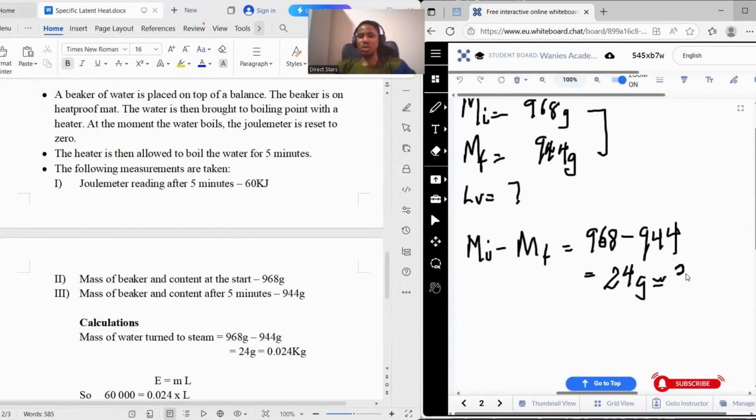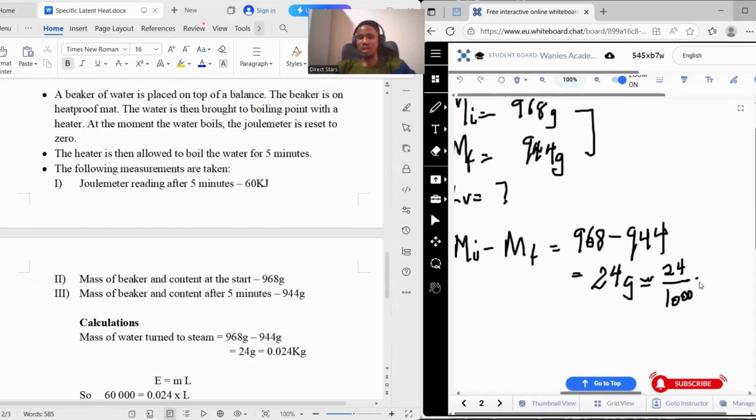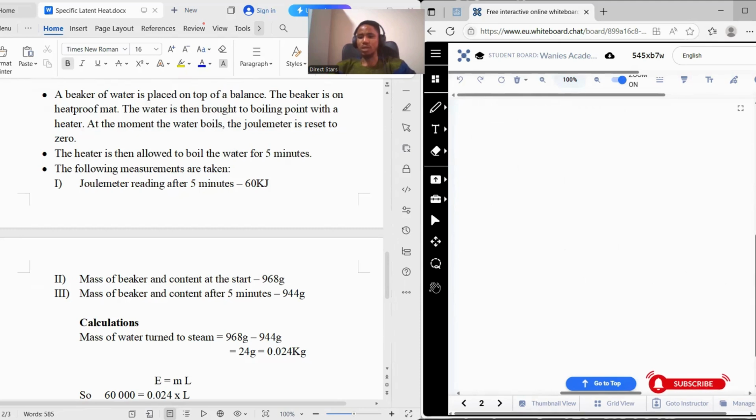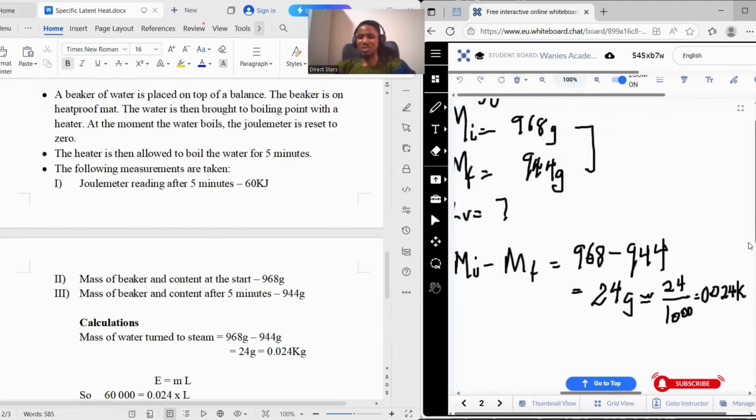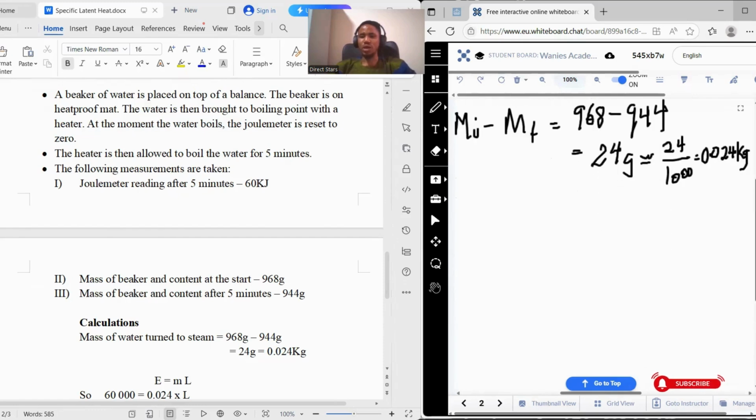We divide by 1,000 because kilo means 1,000. Dividing this by 1,000, we have 0.024 kilogram. That is the mass of the vapor, 0.024 kilogram.